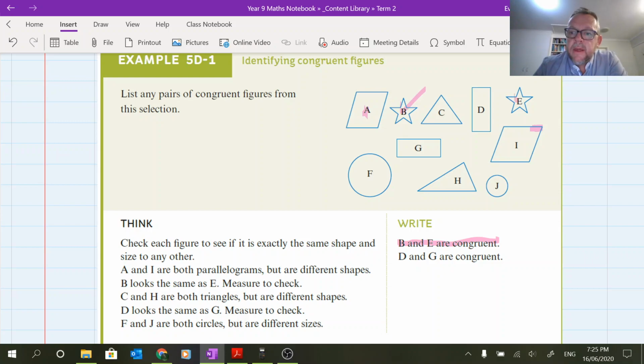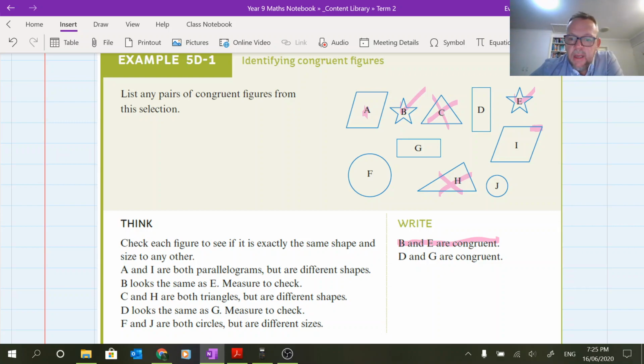So yes and yes. Now let's look at C. C, and is there another triangle in here? H. But you can tell quite quickly that C looks like an isosceles, and H is a bit more scalene, or a right angle triangle there as well. So that's different. So let's have a look at the next one.